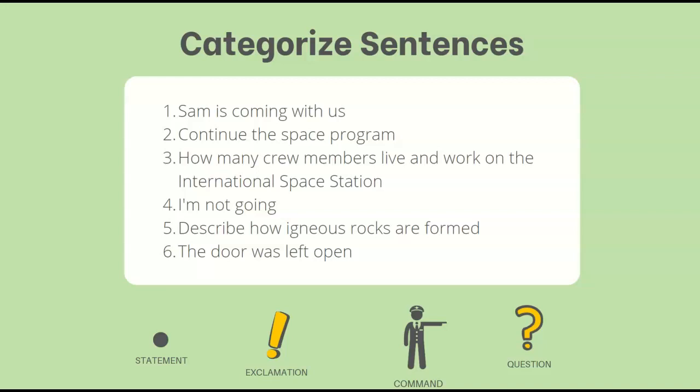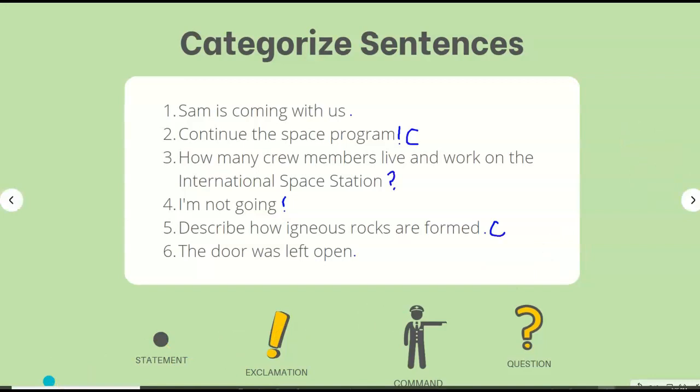And I'd like you to also, if it's a command, you'll need a period or an exclamation point and the letter C, because commands we can't identify just from the punctuation. So pause the video and give it a try.